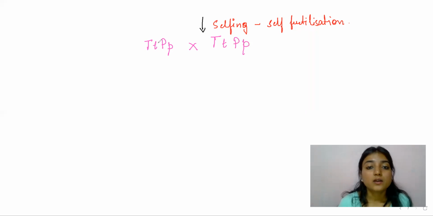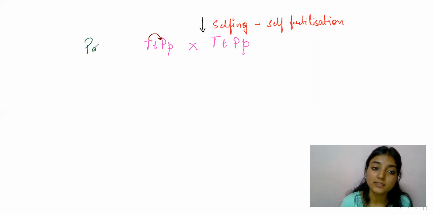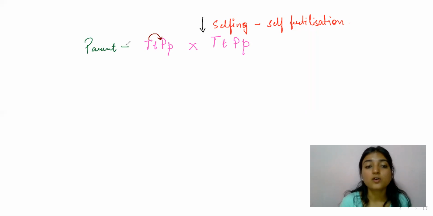First we want to get the gametes. This offspring has now become the parent because we are doing selfing, that is self fertilization.